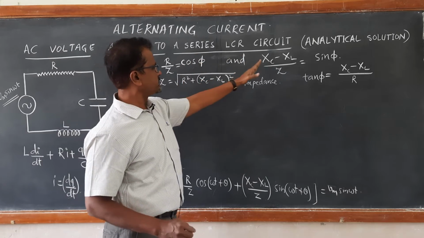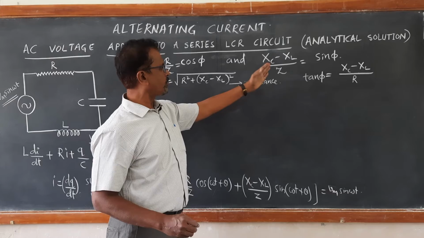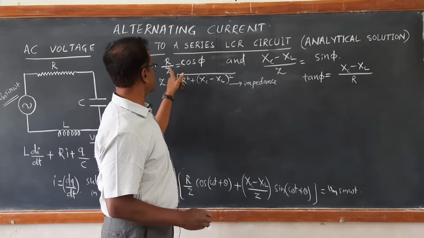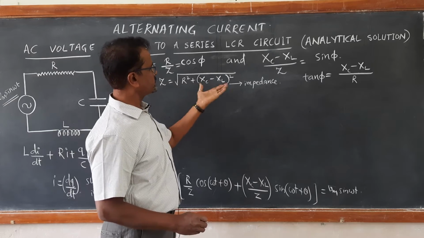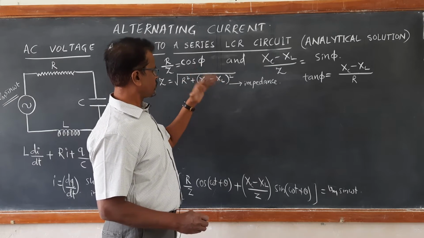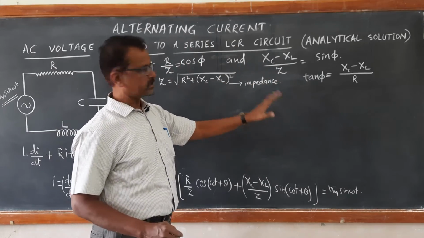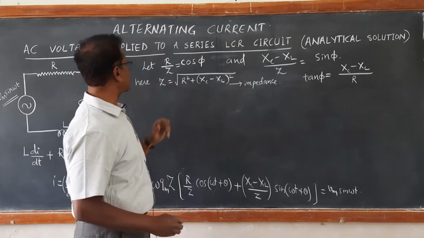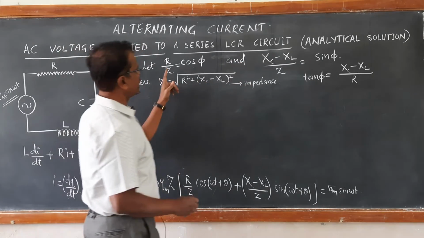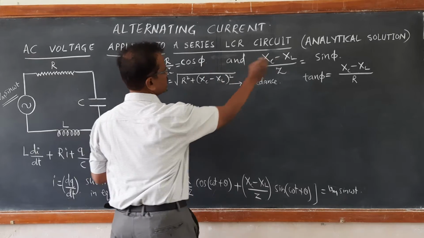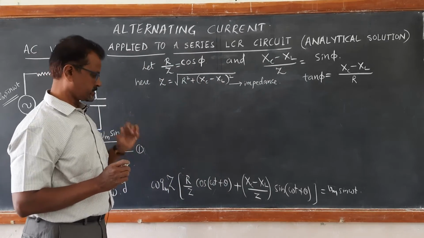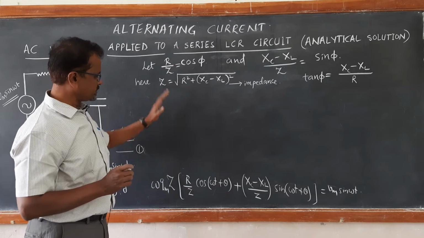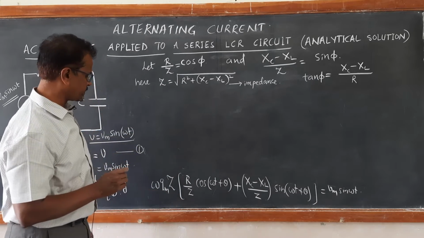So (XC minus XL) square divided by Z square plus R square by Z square gives us 1. Therefore, (XC minus XL) square plus R square is equal to Z square. Squaring and adding these two equations, we get the relation for Z. That is impedance.